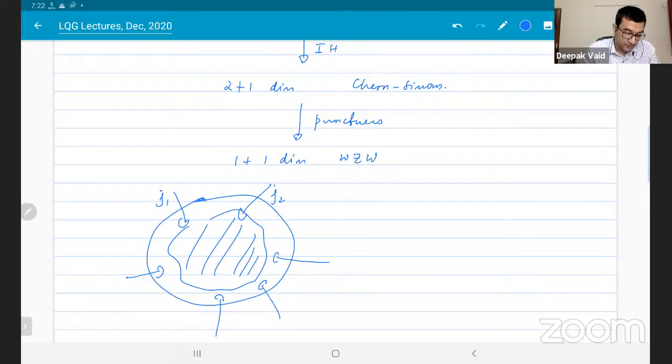So in the quantum picture, this becomes the Chern-Simons theory on a Riemann surface with some number of punctures, with n punctures.